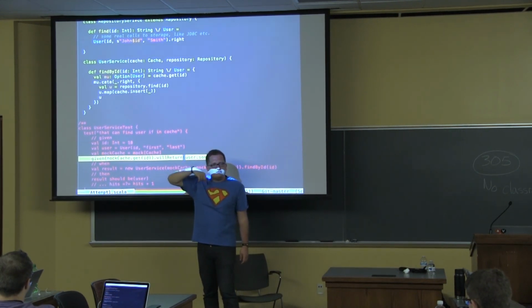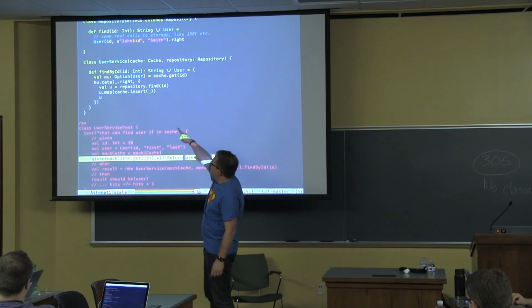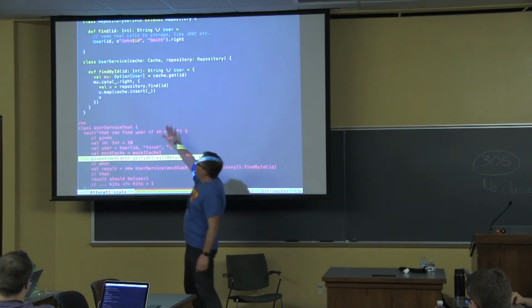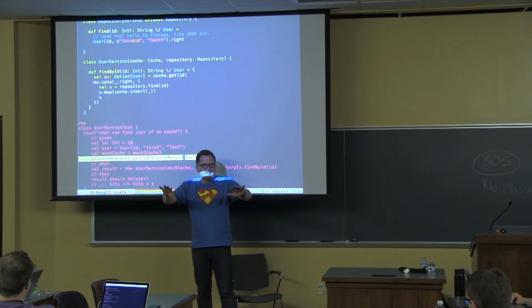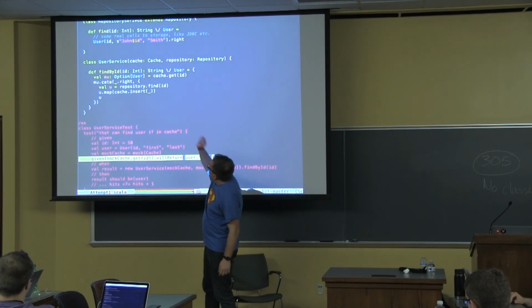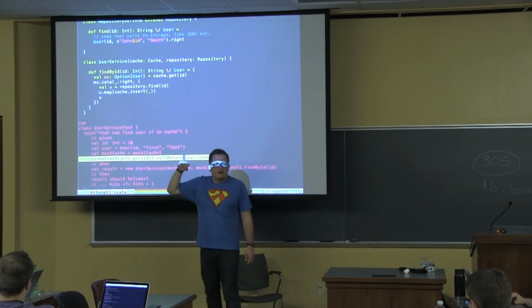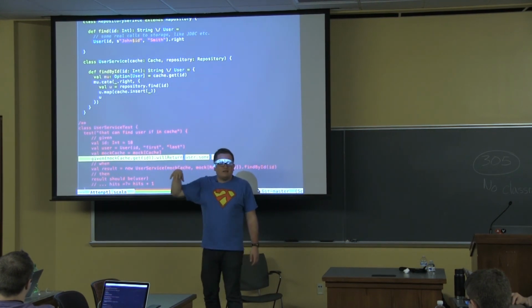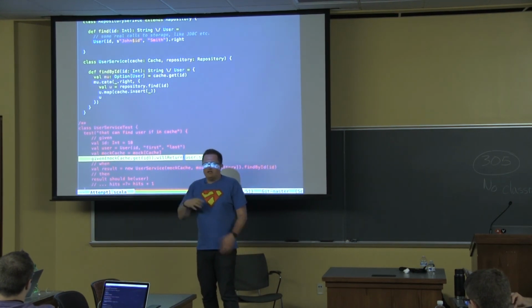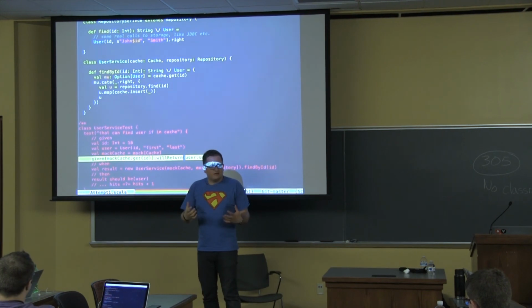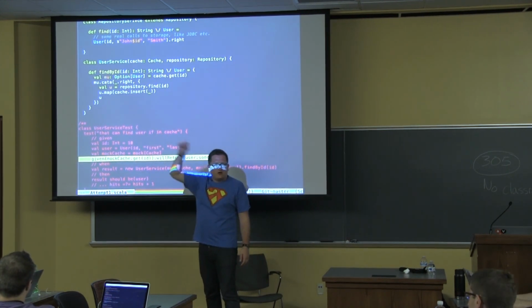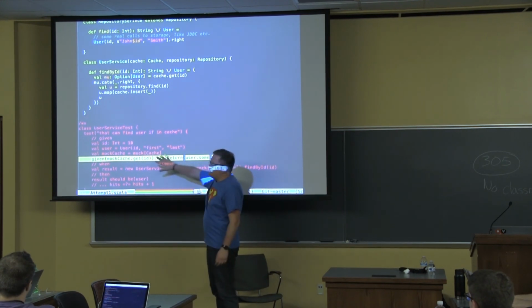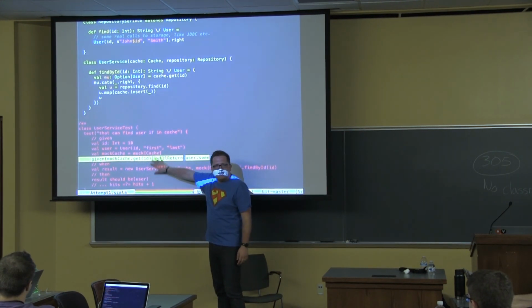If somebody wiser than me came into this project and re-implemented the body of this function, let's just imagine the signature stays as it is. It still takes the cache and repository, and it's still doing the same thing, but he did it a little better. I don't know, he used better APIs or whatever. If he just changed the body, but keeps the original behavior the same, this test will fail.